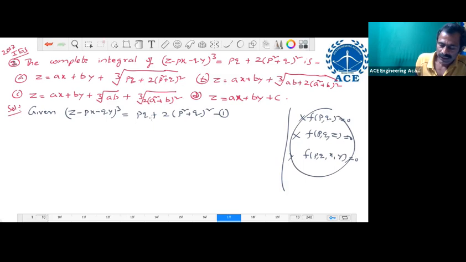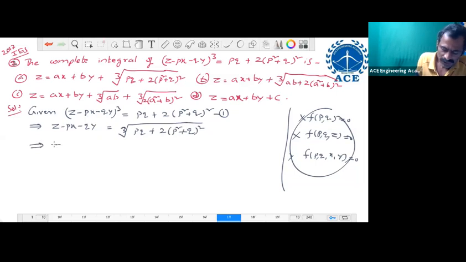On the left hand side, we have z, p, x, q, y. If we shift the px and qy to the other side, we get Clairaut's equation, which implies z minus px minus qy equal to, shifting the power 3 to the other side, that becomes cube root of pq plus 2 into p square plus q whole square. Again, we shift these two terms to the other side: z equal to px plus qy plus cube root of pq plus 2 into p square plus q whole square.